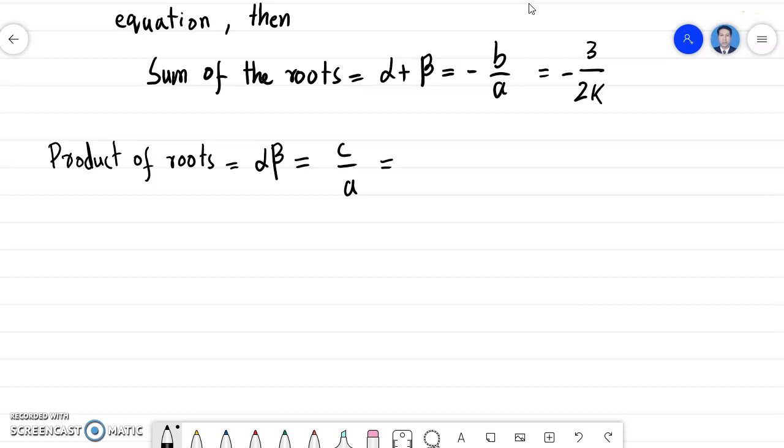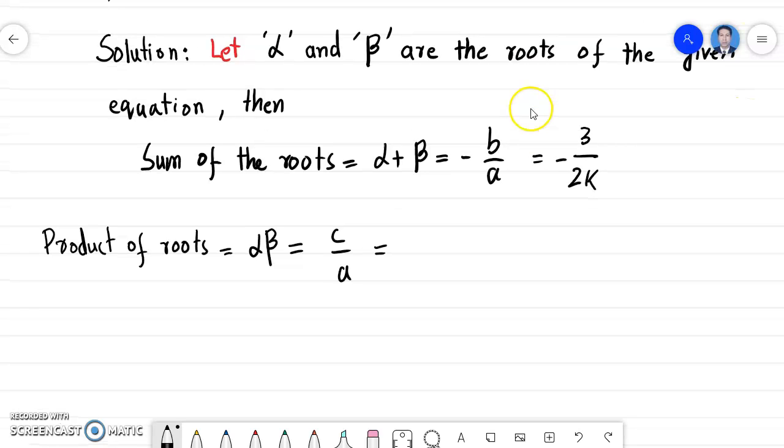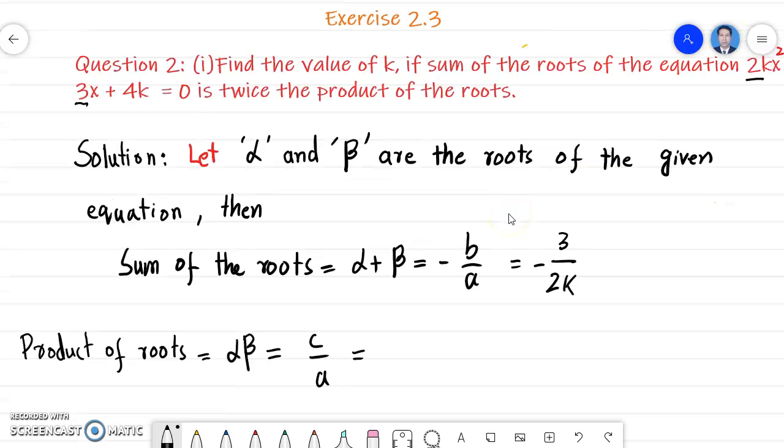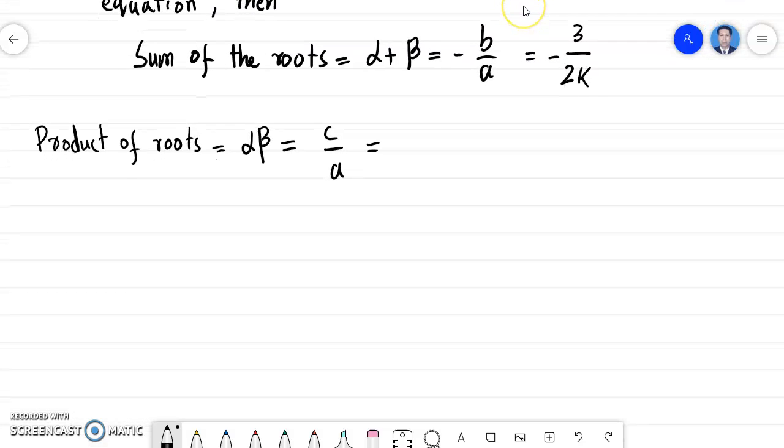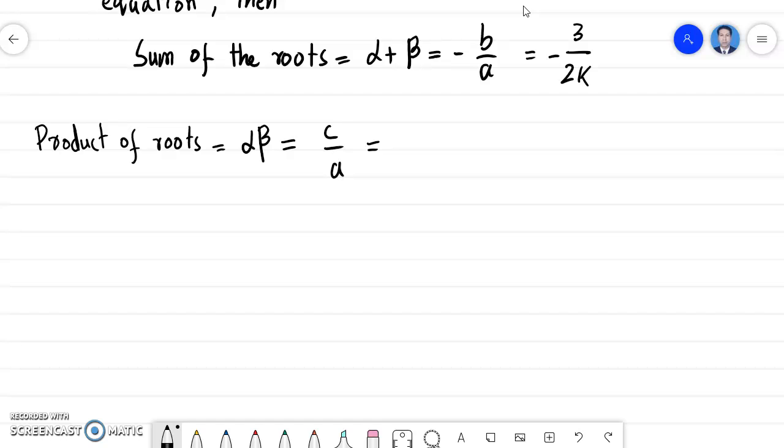What is c? So in the equation what is c? c की वैल्यू है 4k और a की वैल्यू 2k। जो कांस्टेंट होता है वो c की वैल्यू है, तो दिस इज 4k over 2k. So k should be cancelled. 2 cancel हो जाएगा, this is 2.